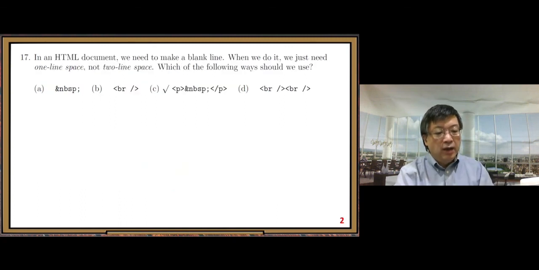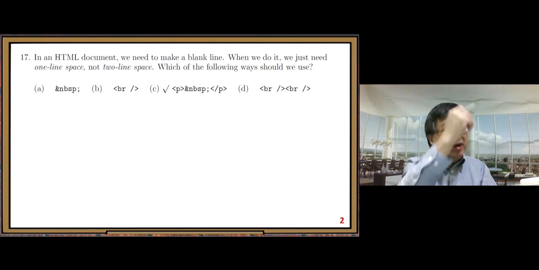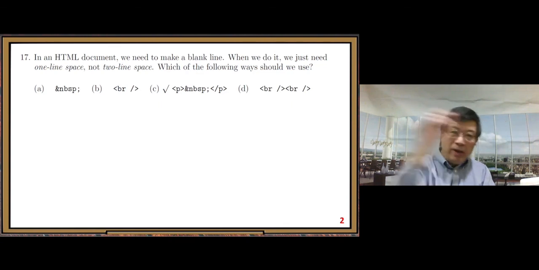Next one, number 17. Also, the miss rate is pretty high. I remember in the homework we had a similar question. In that one, I asked how to insert a blank line.